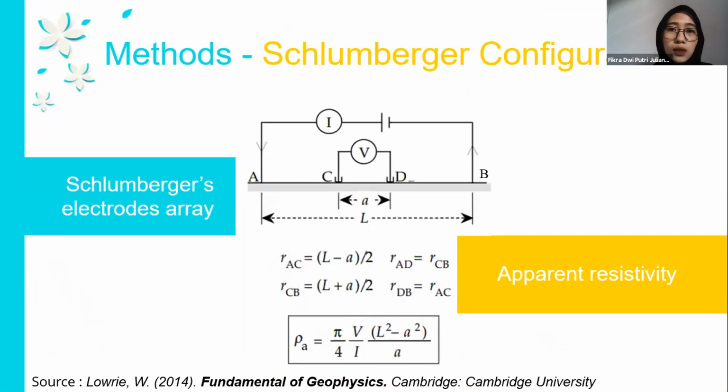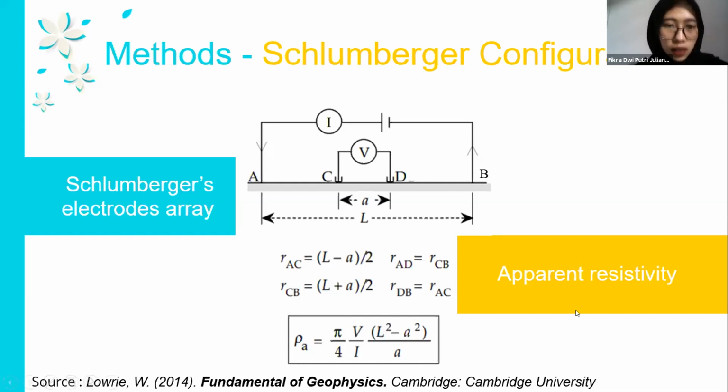This is a Schlumberger configuration. This is the equation for the Schlumberger configuration. The current and potential pairs of electrodes often also have a common midpoint, but the distance between adjacent electrodes differs.